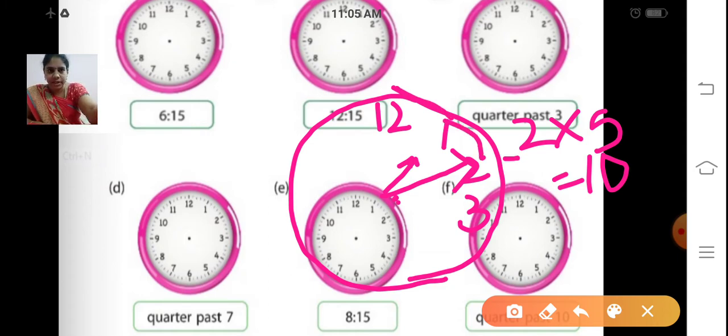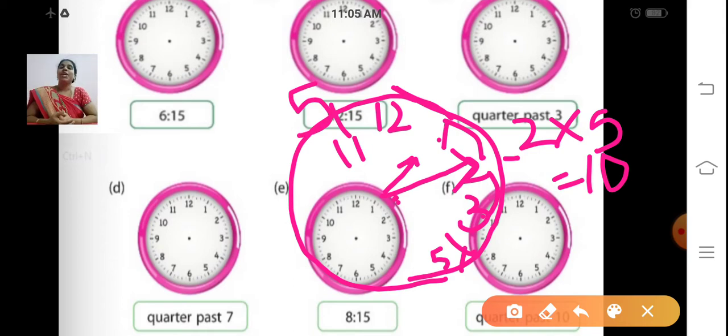Now see, this represents 5 minutes, this 10, 15, then 20. You see where the minute hand is and multiply it by 5 to get the exact minutes. So 5, 10, 15, 20, 25, and at 11, 11 fives are 55, then 60.